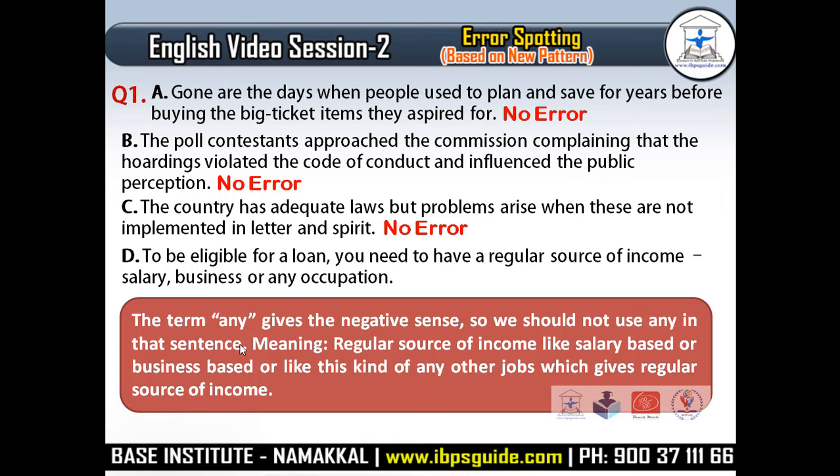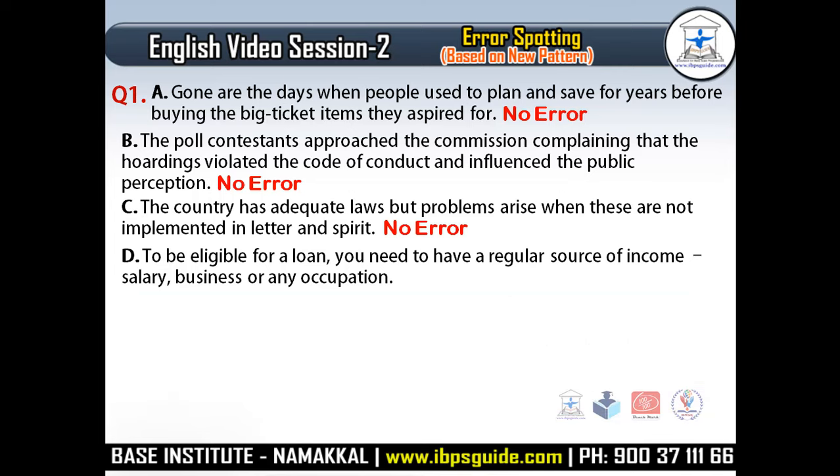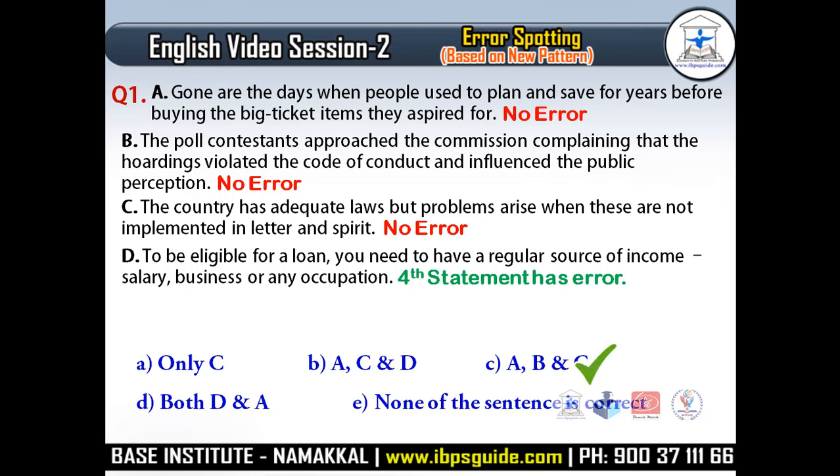So the regular source of income like salary based or business based or any other kind of regular source of income is only eligible for a loan. Okay, so option C is the correct answer and statement D has an error in it.